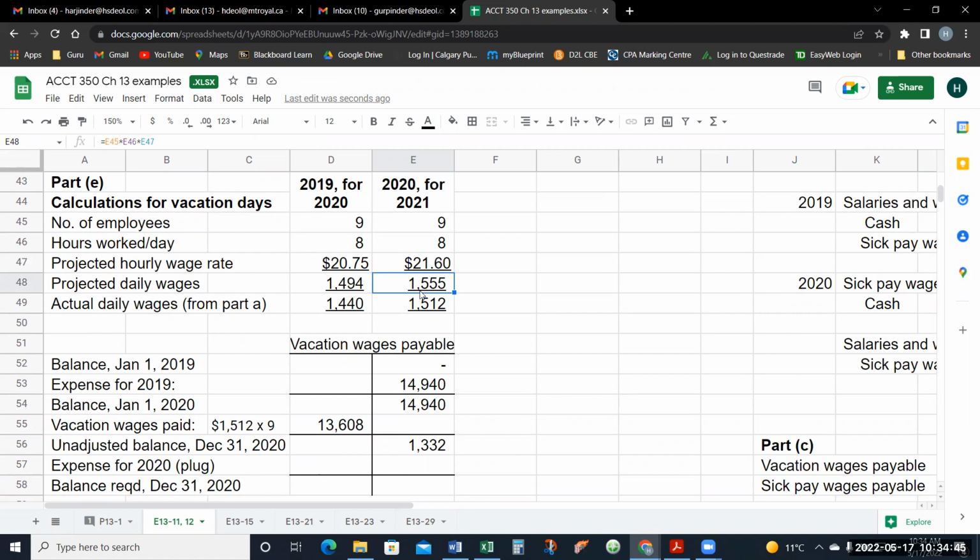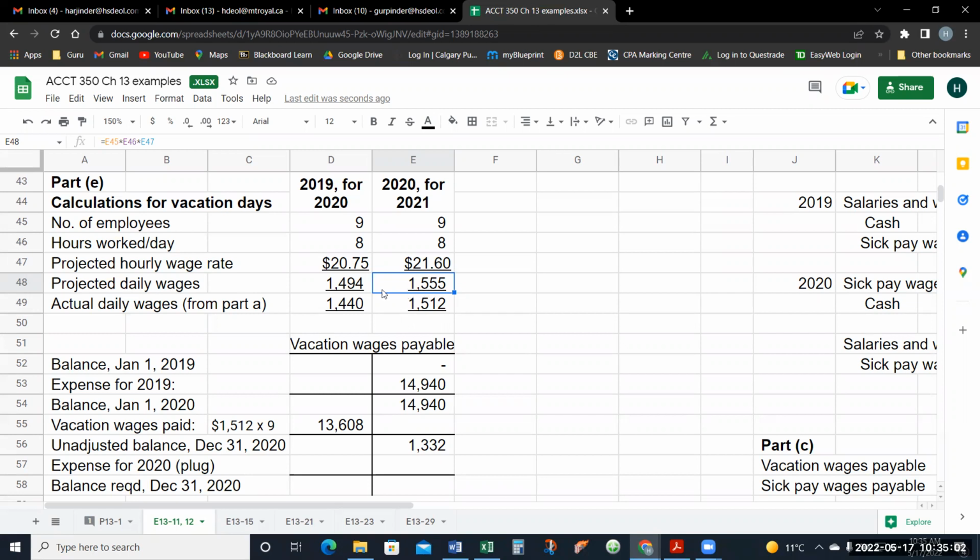Remember, the company accrues its vacation amounts using the projected pay rate. So for 2020, the 10 days that the employees have earned as vacation time needs to be accrued using 1,555.